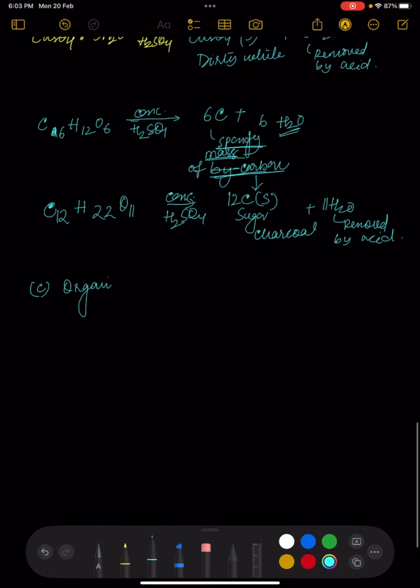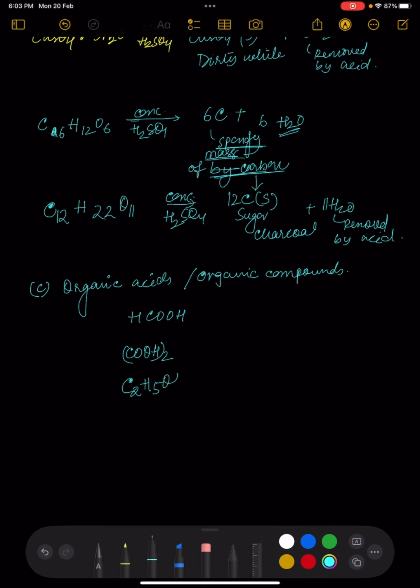Then again organic compounds. When they are reacted with organic acids or organic compounds, for example HCOOH or (COOH)2, then again ethanol, C2H5OH, with concentrated H2SO4, and the temperature condition is maintained at 170 degrees Celsius.